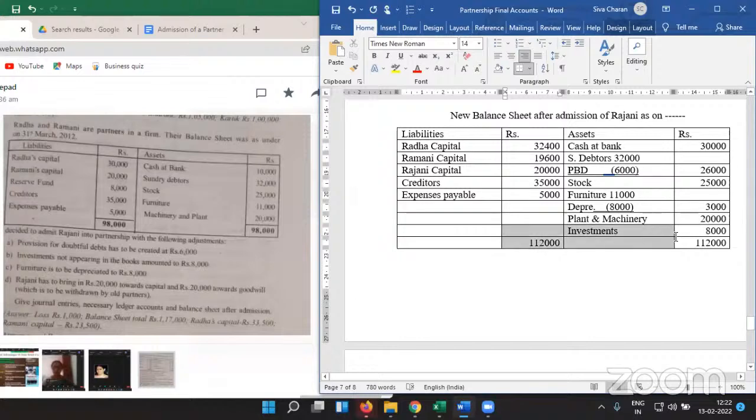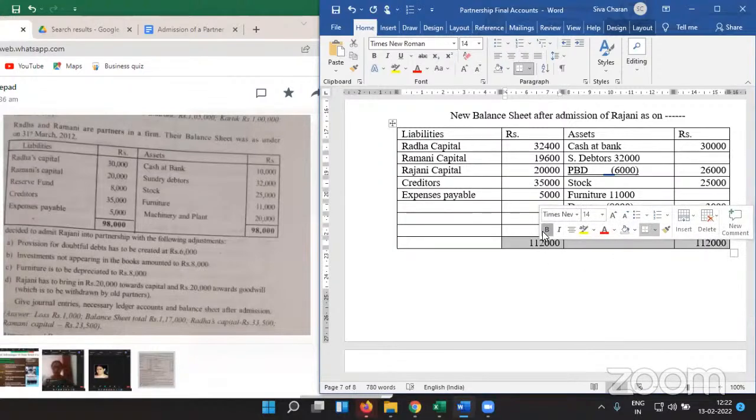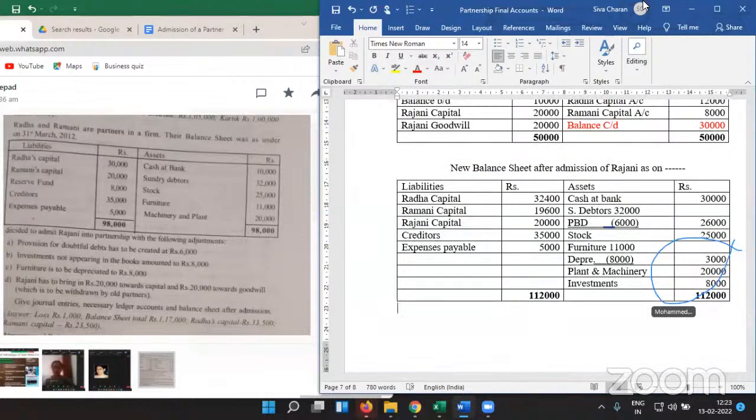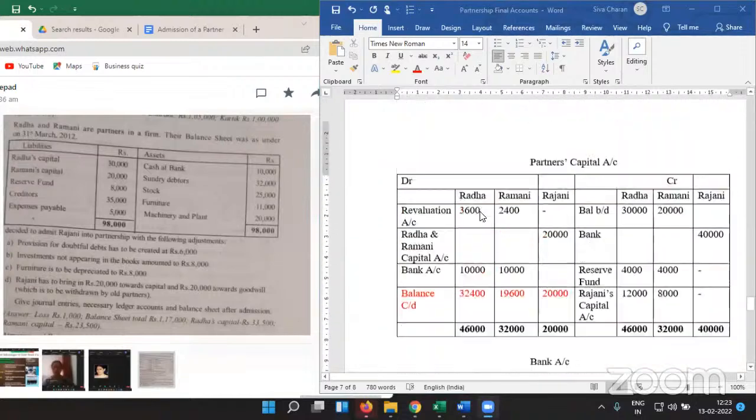So he took the profit sharing ratio based on capital contribution. Actually, as per the provisions of the Partnership Act, when the profit sharing ratio is not given, partners share profits and losses equally.